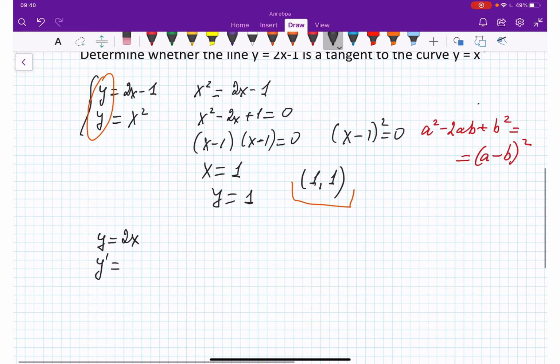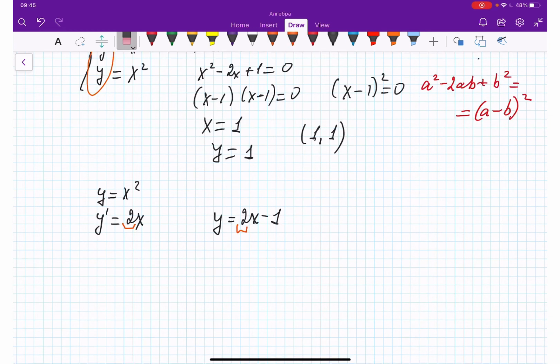It's going to be 2x. Instead of writing the original, I'm writing the derivative. Okay, 2x. Now let's compare. y prime is equal to 2x, and y is equal to 2x minus 1. What do we see? They have the same slope, right? Which is 2.